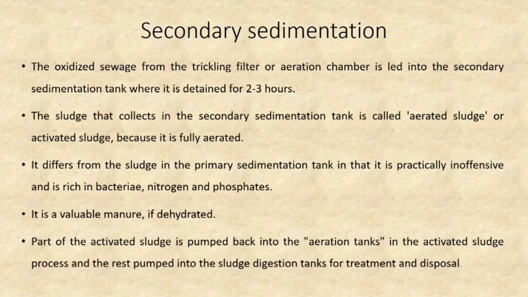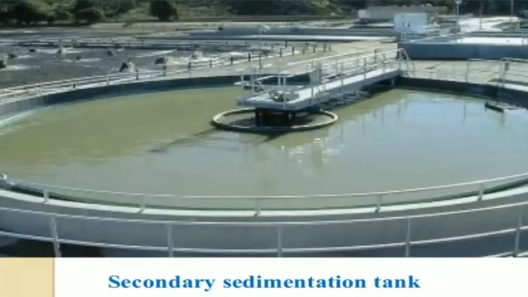Here the sludge which is formed is inoffensive and rich in bacteria, nitrogen and phosphates, and it is very valuable manure. This activated sludge is pumped back or used as return sludge for the activated sludge process, and the remaining sludge is sent to the sludge digestion tanks for treatment and disposal. So this is the secondary sedimentation tank.